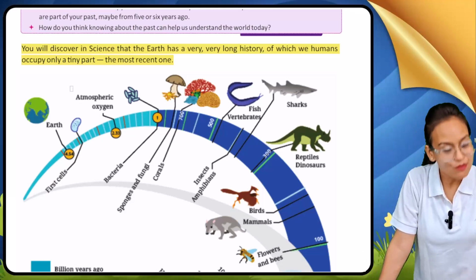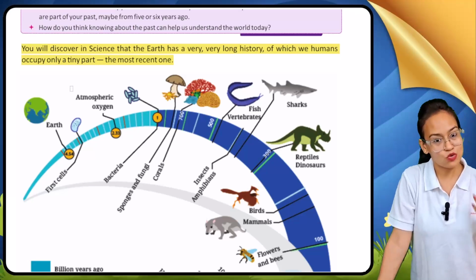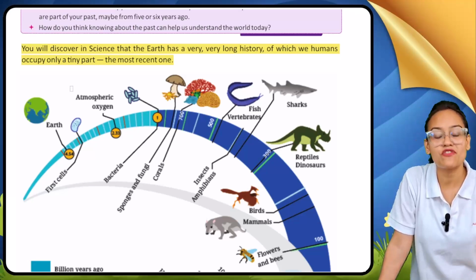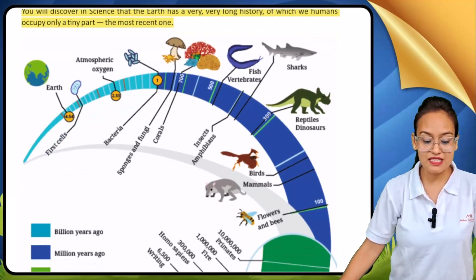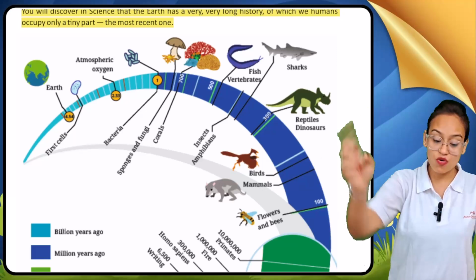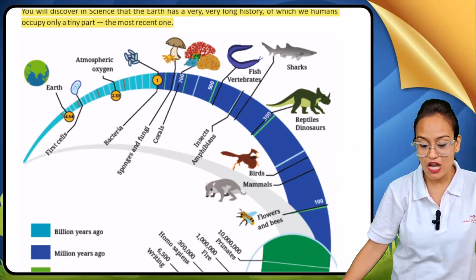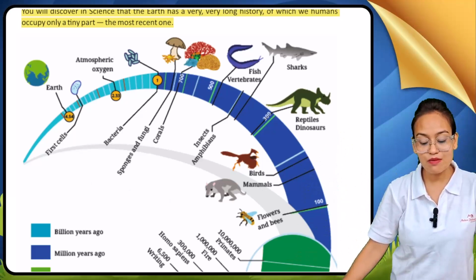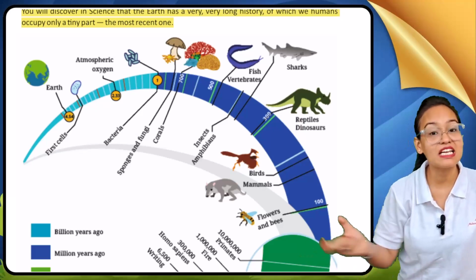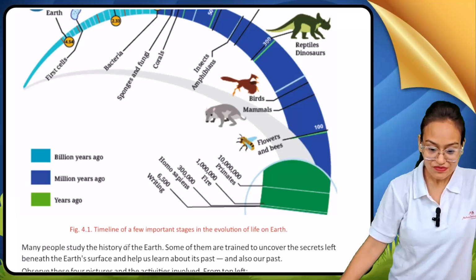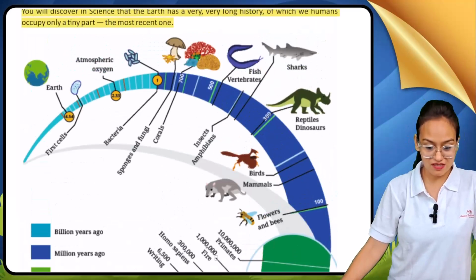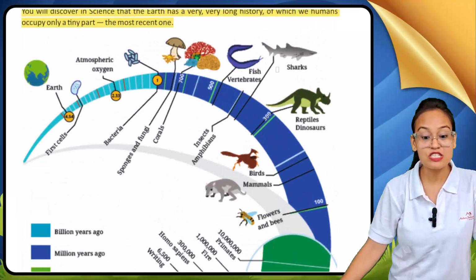It means we human beings belong to the recent period of our earth. Here you can see the earth's history divided into billions of years ago, millions of years ago, and years ago. Here is the timeline of a few important stages in the evolution of life on planet Earth. Go thoroughly through this picture and try to understand. This is very important.